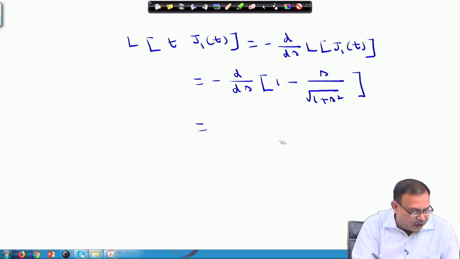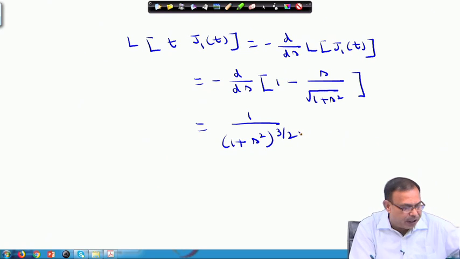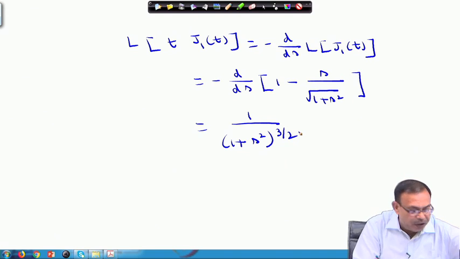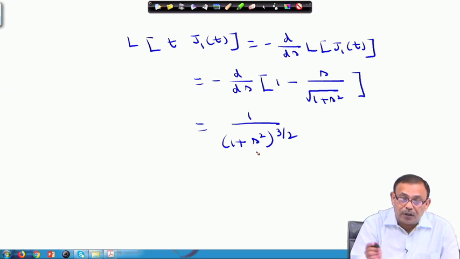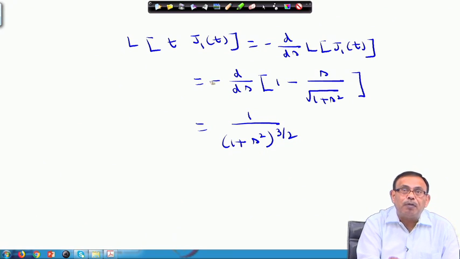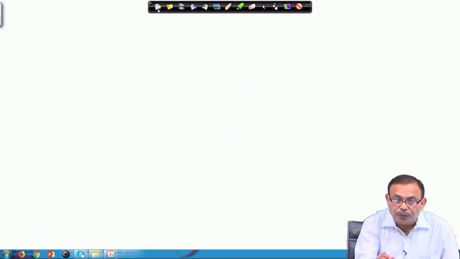And if we do the d/ds, I think you will obtain the result as 1 plus s square to the power 3 by 2. Please check this calculation, because this may be a little bit wrong, although I hope I have done it correctly. So, the Laplace transform of t J 1 t is equal to 1 by 1 plus s square to the power 3 by 2.